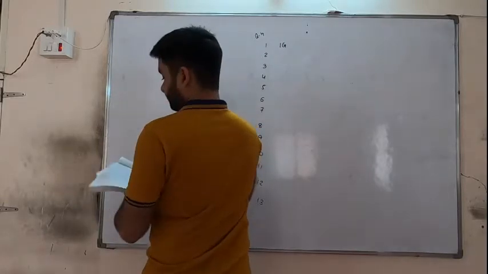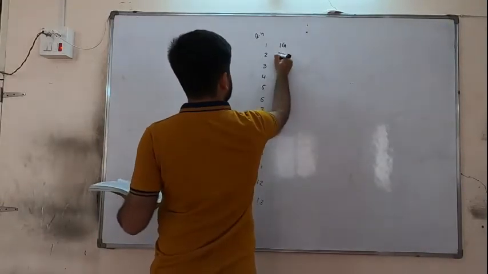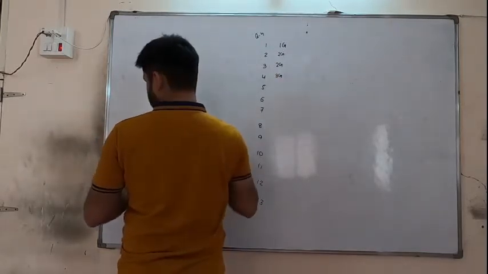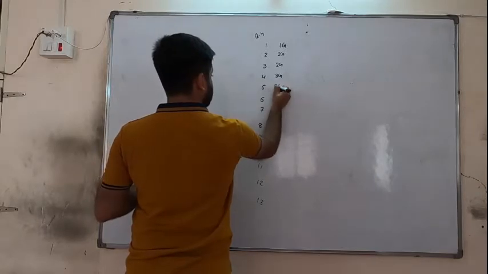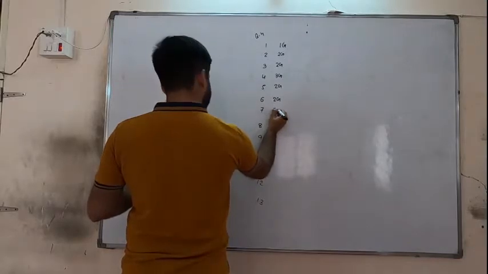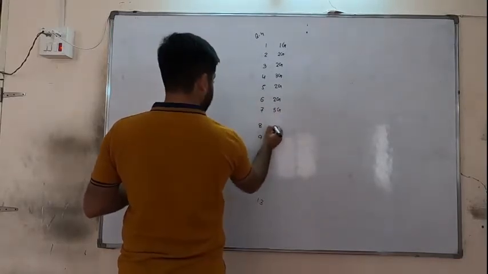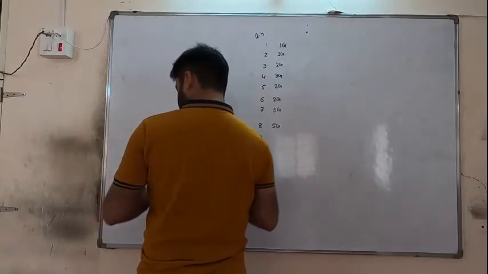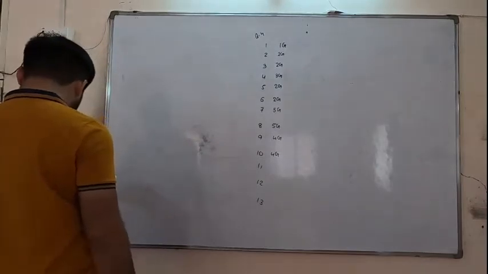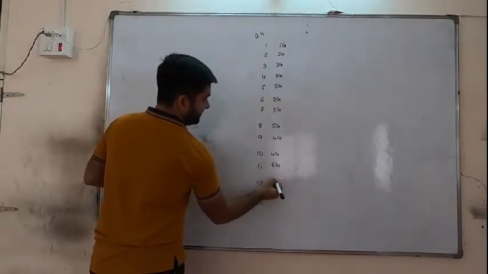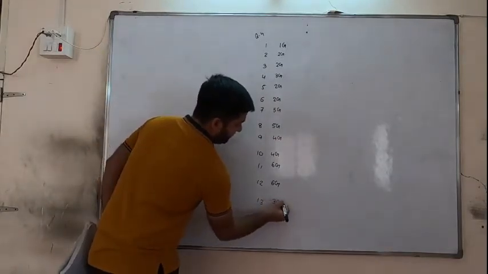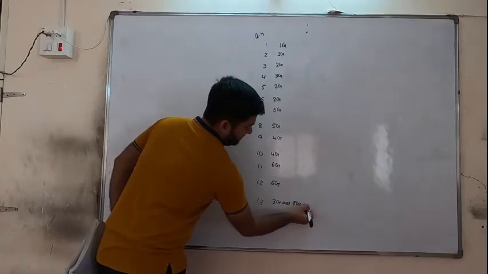1 is of 1G, 2 and 3 are of 2G, 4 is 3G, 5 and 6 are 2G, 7 is 5G, 8 is 5G, 9 and 10 are 4G, 11 and 12 are 6G, and 13 is a mix of 3G and 5G.